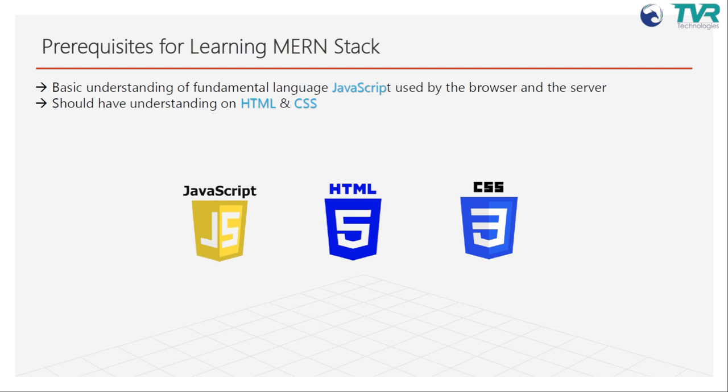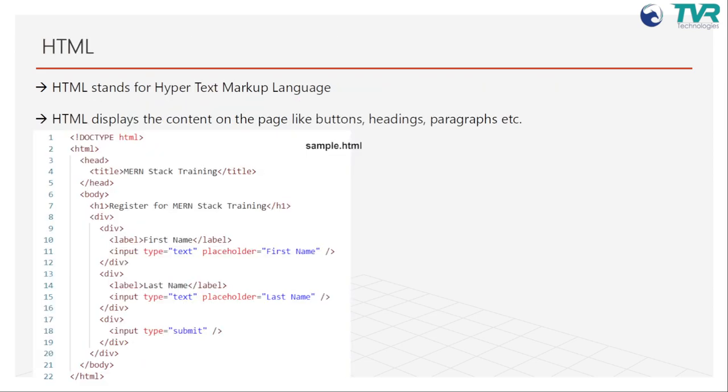In this introduction video we will just dive into the prerequisites and how we use them in web pages. The first main prerequisite is HTML, which stands for hypertext markup language.